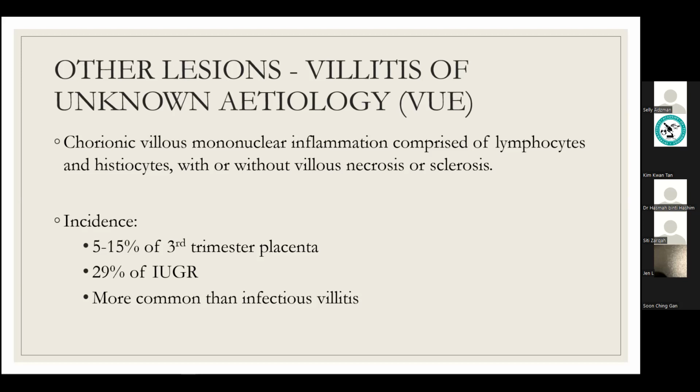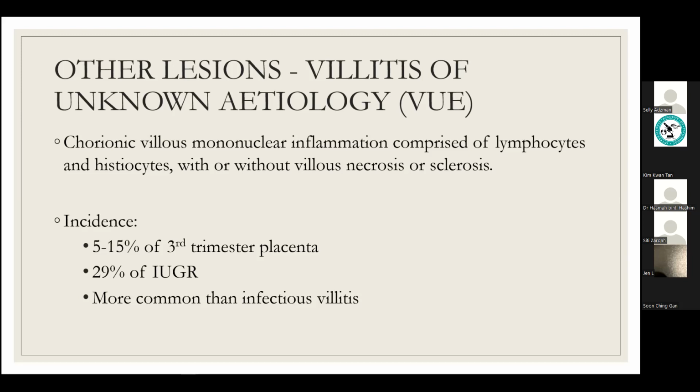So for me, practically, if I see a chronic villitis, I wouldn't straight away say villitis of unknown etiology. I would just say chronic villitis. Please consider villitis of unknown etiology if all the etiologies have been excluded.